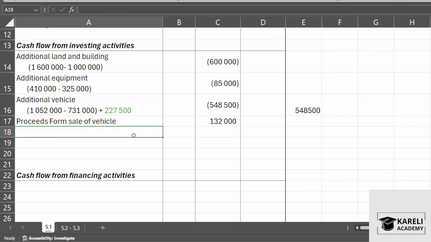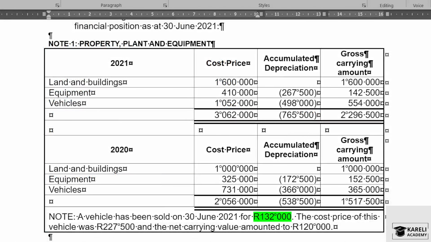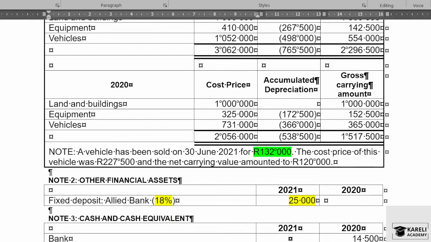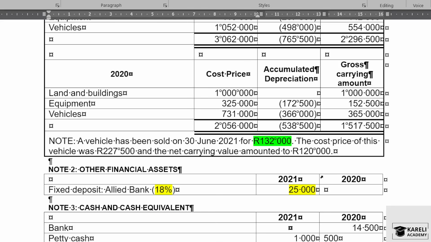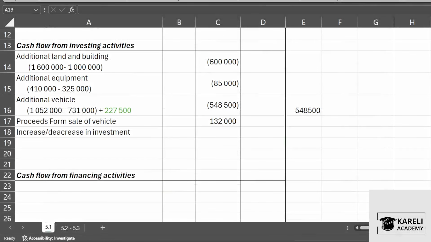And then investment. Now we have an increase or a decrease in investment. Meaning we compare the opening balance with the closing balance to determine whether it has an increase or a decrease. We go to other financial assets. Now from 0 to 25,000, it was an increase.